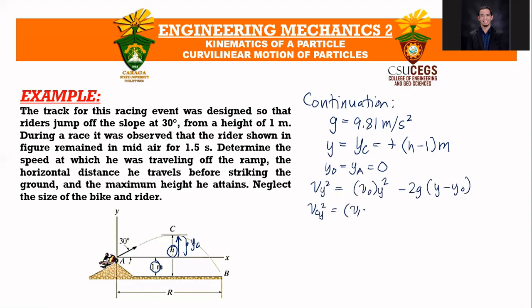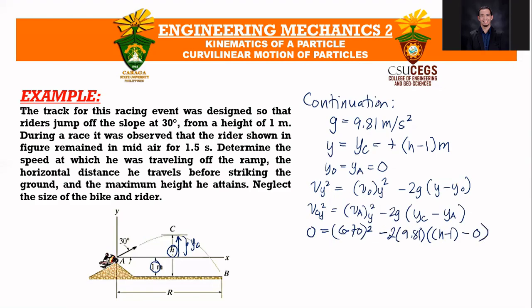Your initial Voy squared, minus 2g times YC, rather, because that is the final, minus the initial, which is YA. So our VCY squared, which is 0, is equal to 6.70 squared minus 2 times 9.81 times the YC, which is h minus 1, and YA is 0.